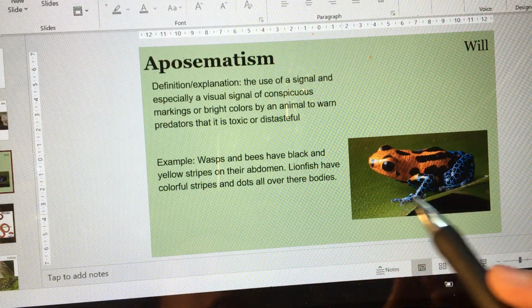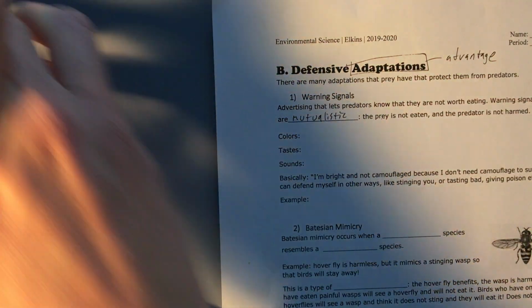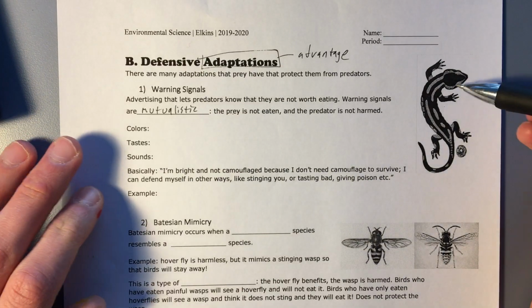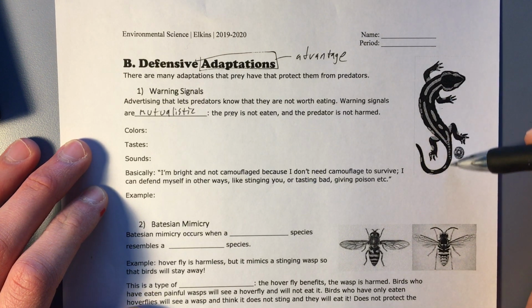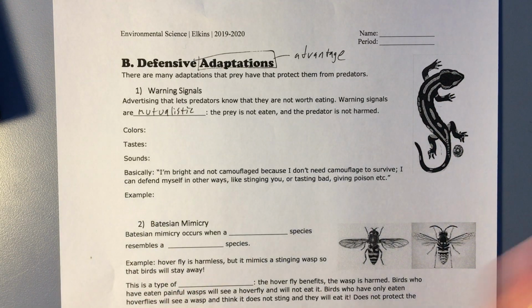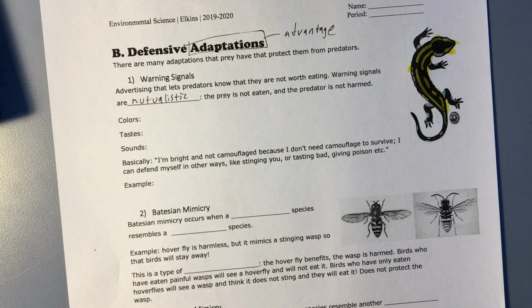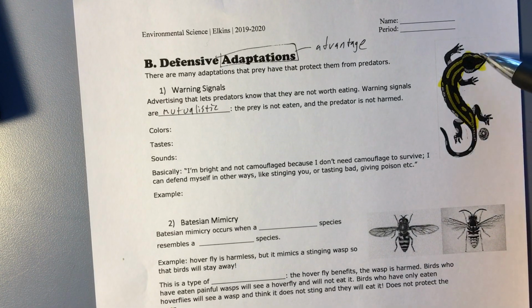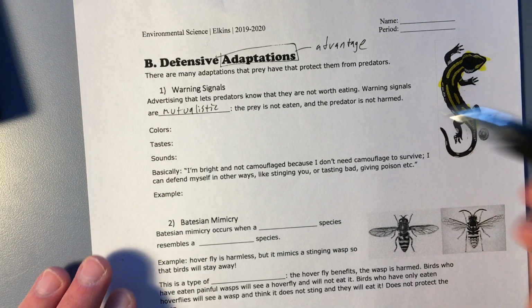It's brightly colored, really bad looking. And the reason it's bad looking is because it's so not camouflaged, right? This is a fire salamander that lives around here. It's yellow and black, okay? So all these spots here are yellow, so it kind of looks like that, okay? And it's not camouflaged at all, but it's actually very toxic to your muscles, okay?